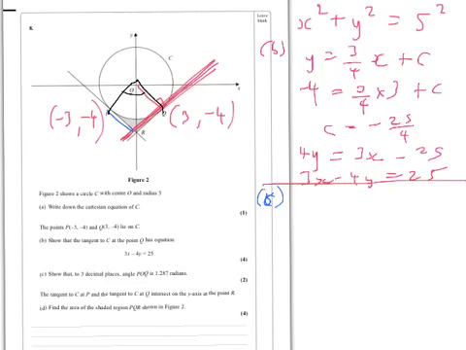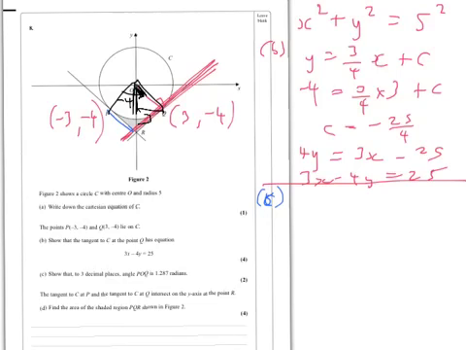We've got here, it's symmetrical. You can see that by looking at the coordinates, so you can justify the fact that it's symmetrical, meaning we only really have to find this angle here, and then double it. And this angle here, that's 3 and that's minus 4, so it's the inverse tangent of 3/4, and then we double it.